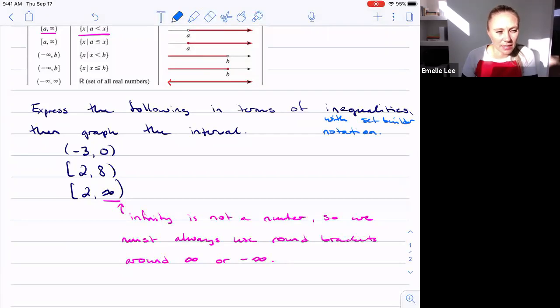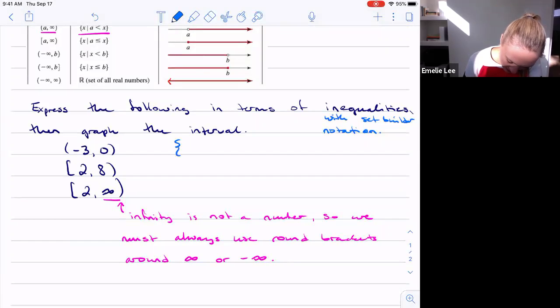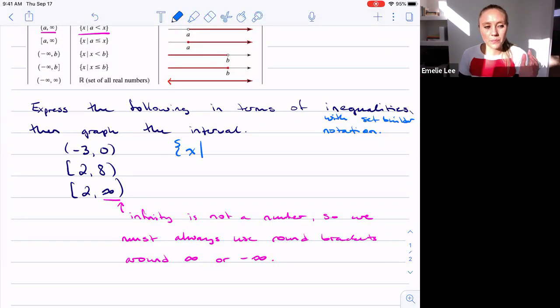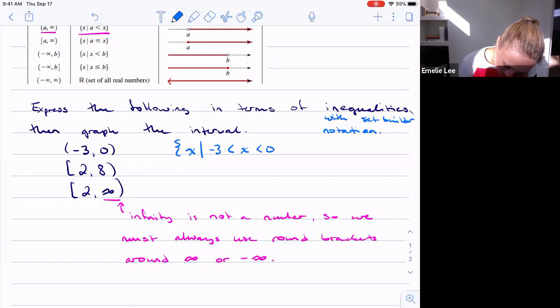So what does that look like? Well, it's the set of all x's. That's going to be pretty general. We always just start with, okay, so it's any x that satisfies this criteria. So it's an x such that x has to be between -3 and 0, but exclusive on both ends. So such that, and I'm going to put x in the middle, x can be between -3 and 0, and that's it.